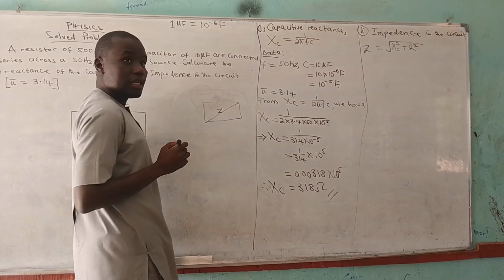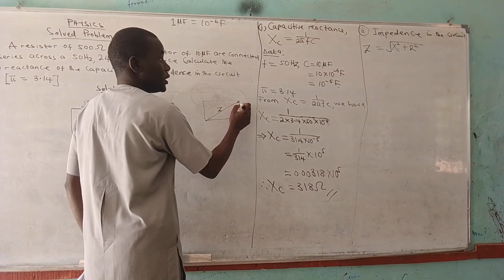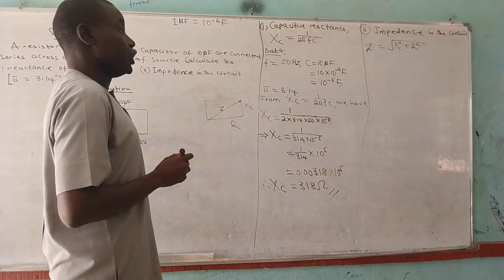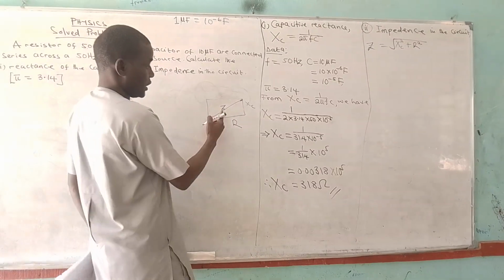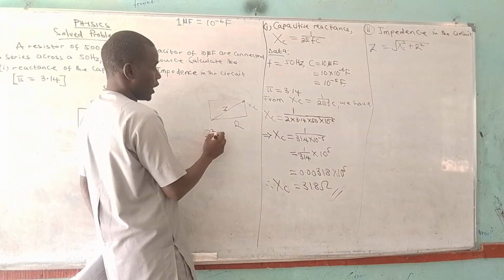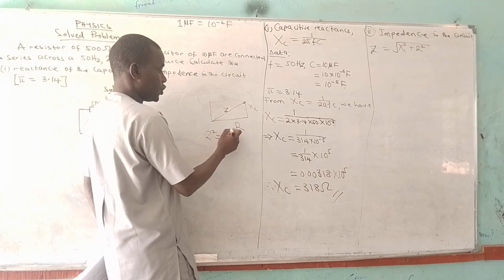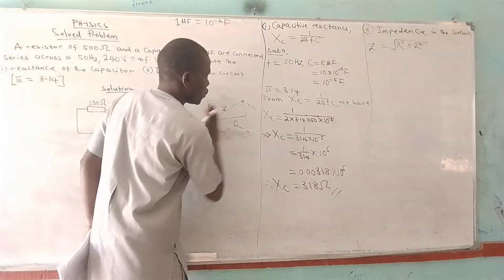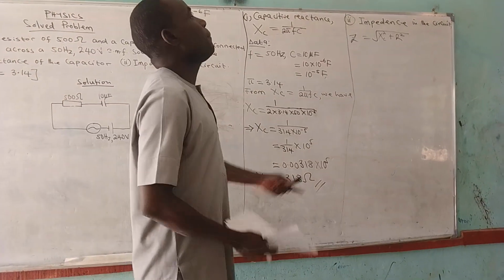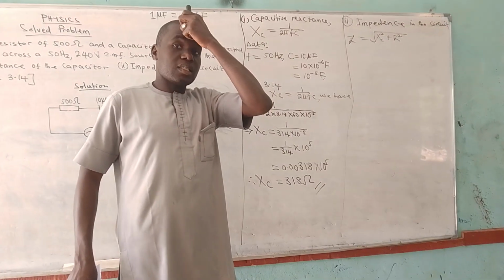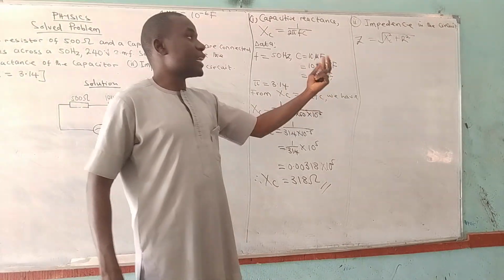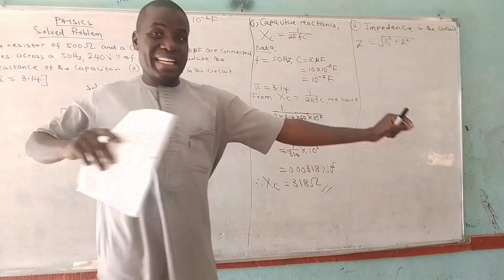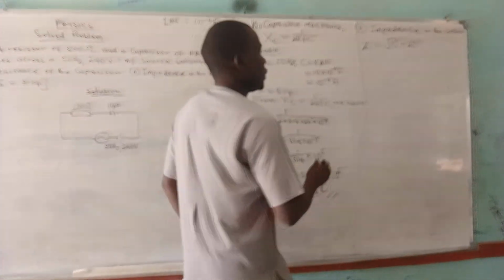This is our Z, this is my Xc and this is my R. So we use Pythagoras theorem. We know that Z square, the hypotenuse, is Xc square plus R square. When you take the square root of both sides, understand? This is the formula for impedance, the total resistance caused by a capacitor and a resistor that are connected in series.